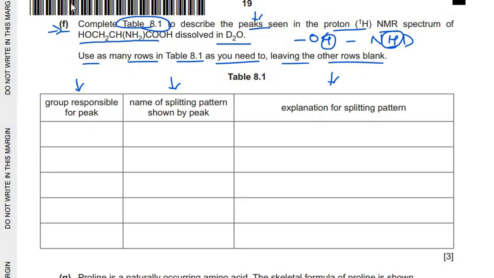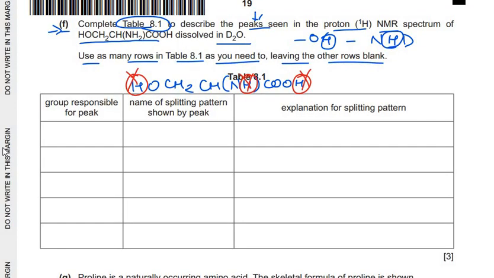Now as I said, the structure, I'll draw it here again, is HO, CH2, CH, NH2 and COOH. Now let me recolor all this and show you that this is the proton which will not show the proton NMR peak.